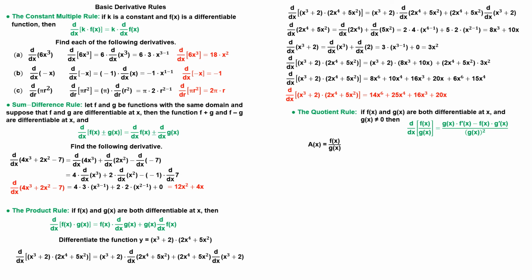Let a of x equal f of x divided by g of x. We should notice that f is equal to a times g. We now use the product rule.